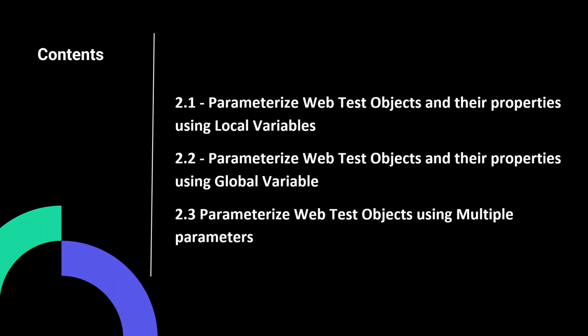As part of section 3 in chapter 2, you will learn how we can parameterize web test objects using multiple parameters. So now let us jump onto the system and see how we can parameterize web test objects using multiple parameters, unlike we did in section 1 and 2 using a single parameter.